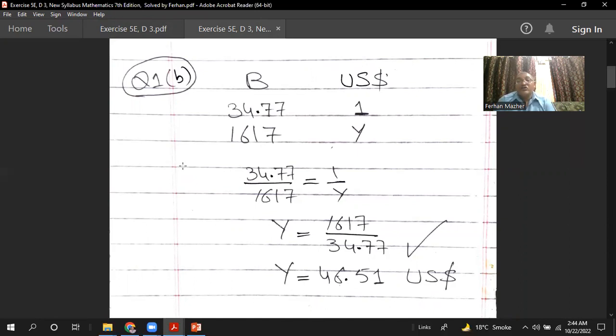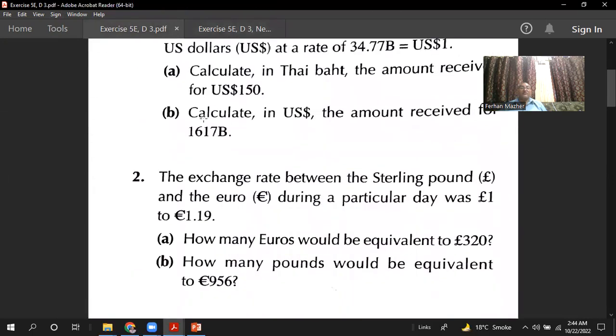When you enter this in your calculator, you will get 46.51 US dollars. This is how you convert the 1,617 Thai baht into US dollars. This is how you do question number 1, B part. Now I'm going to the next question.